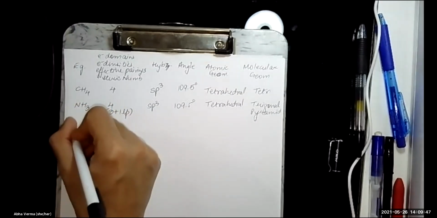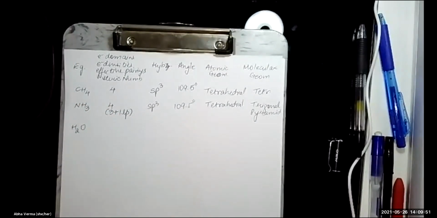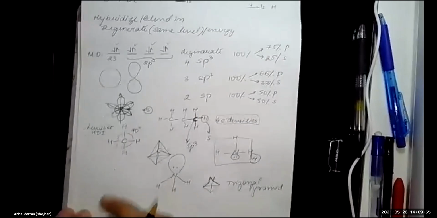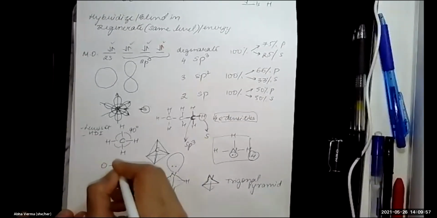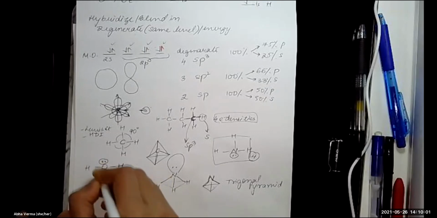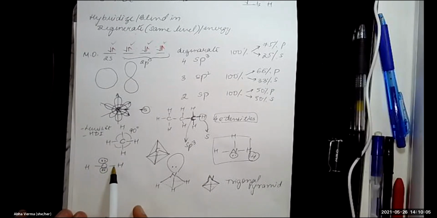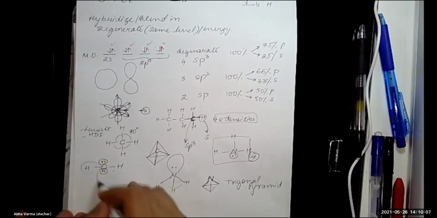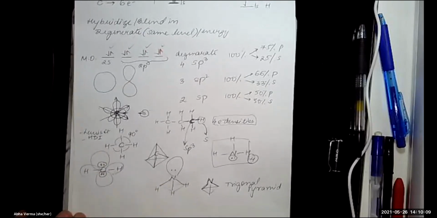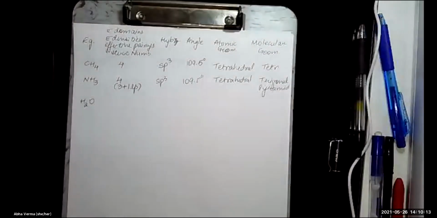Let's look at another example, H2O. So again, remembering your Lewis structure and your HDI, the OH looks like this. So again, how many electron densities do I have around this oxygen? Four. Very good.